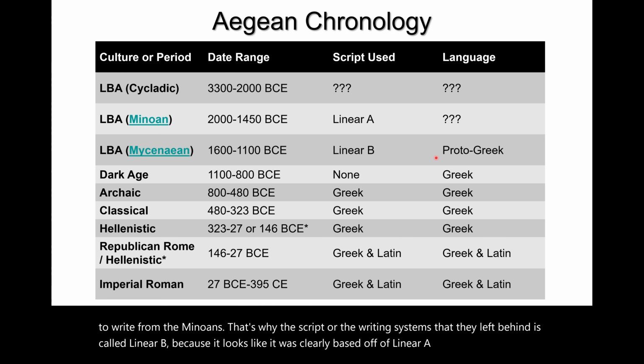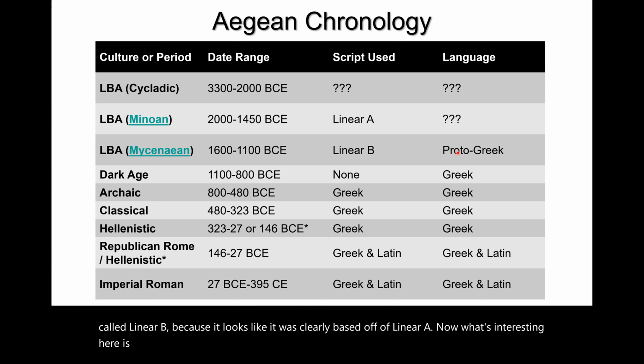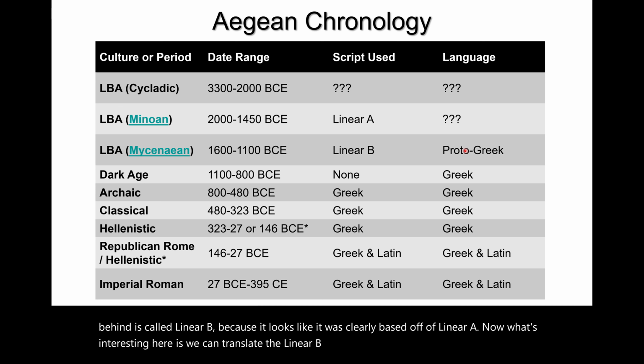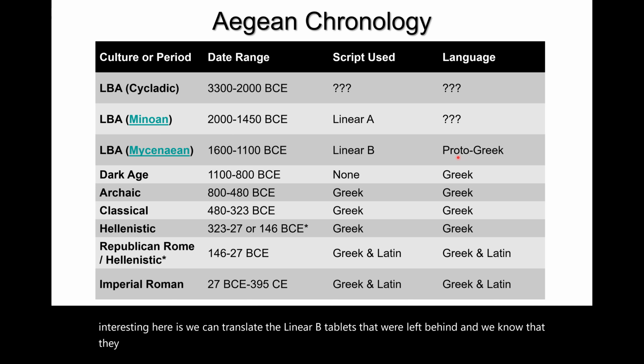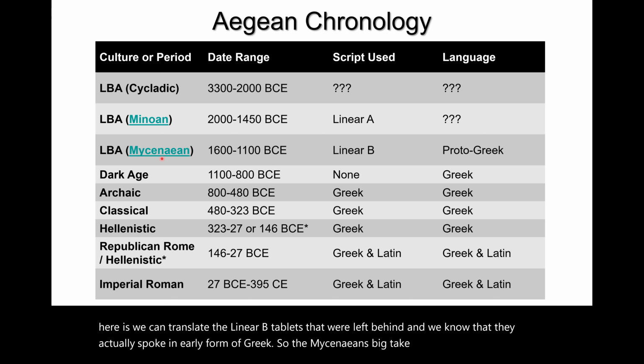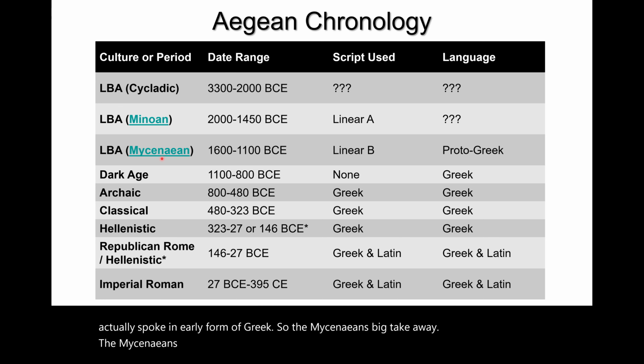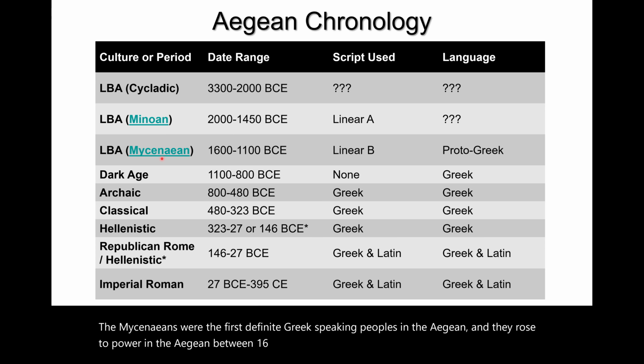Now, what's interesting here is we can translate the Linear B tablets that were left behind, and we know that they actually spoke an early form of Greek. So the Mycenaeans, big takeaway, the Mycenaeans were the first definite Greek-speaking peoples in the Aegean. And they rose to power in the Aegean between 1600 and about 1450.